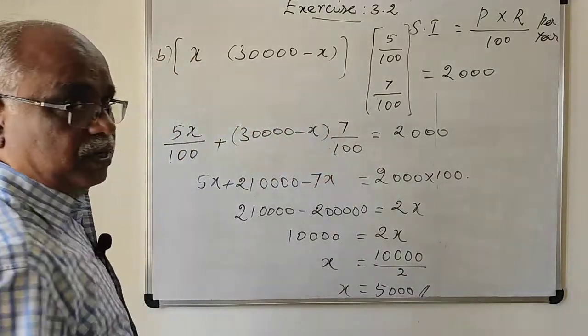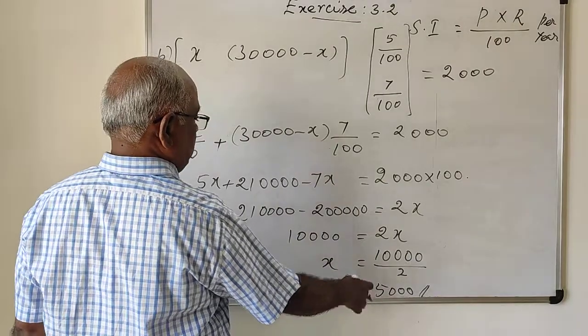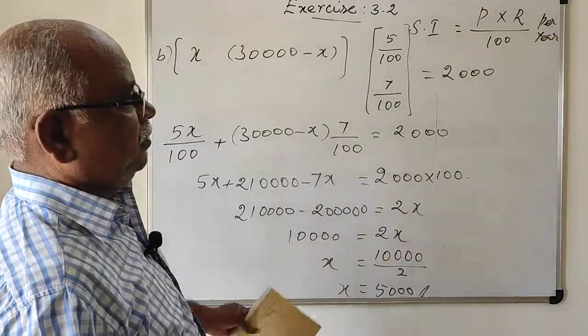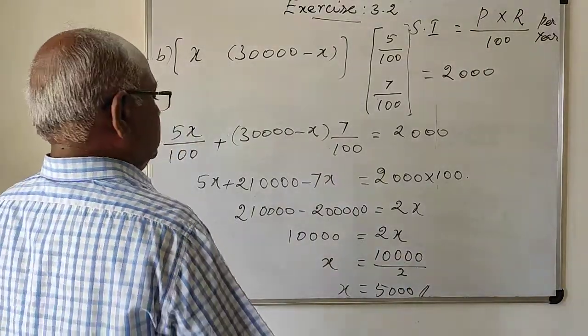So therefore the amount invested in the first bond is 5,000 and in the second bond is 30 minus 5, that is 25,000. That's all.